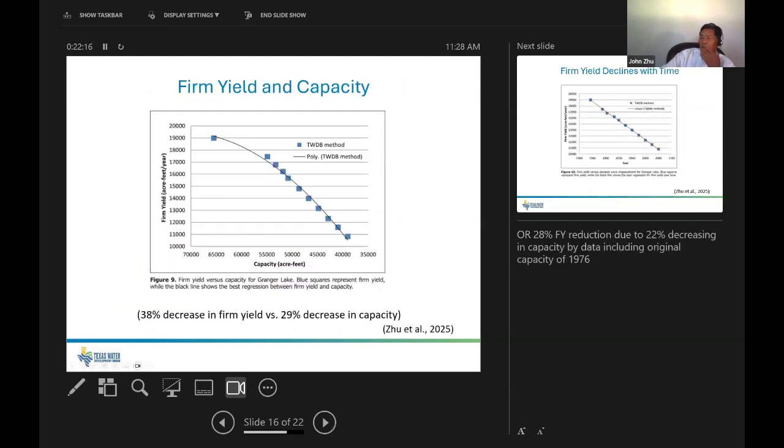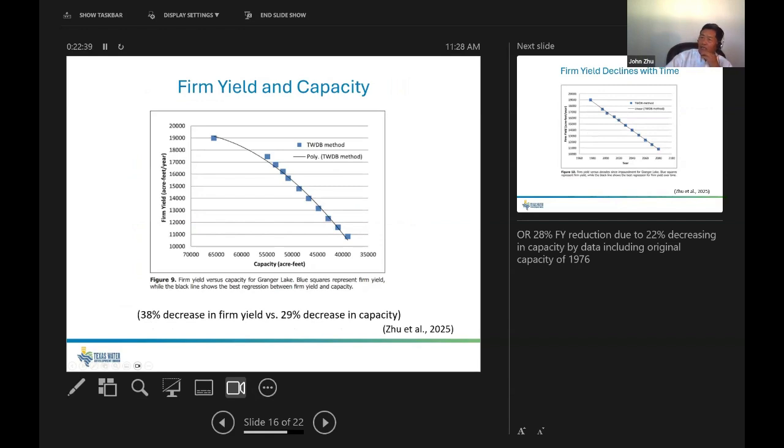And so that is the reaching curve. And then we can use this reaching curve to compute the firm yield, simulated by the TCEQ water availability model running 3.